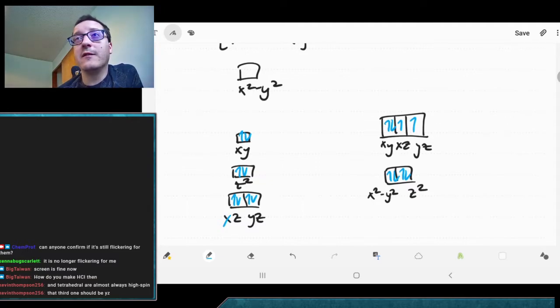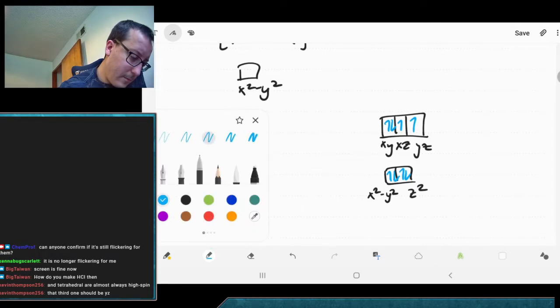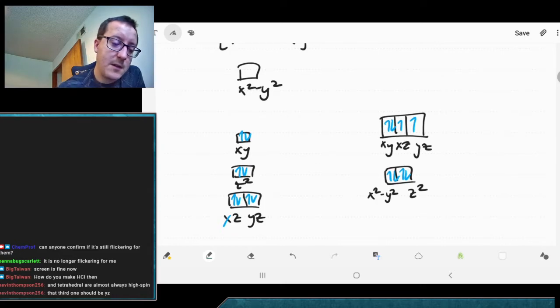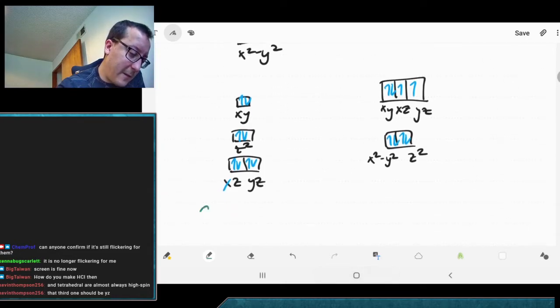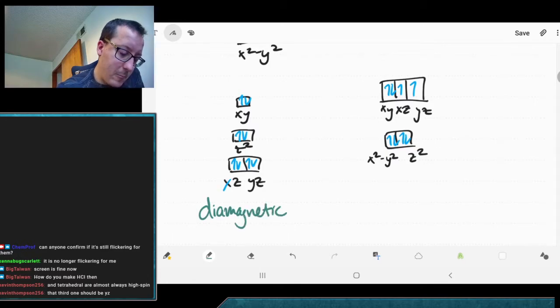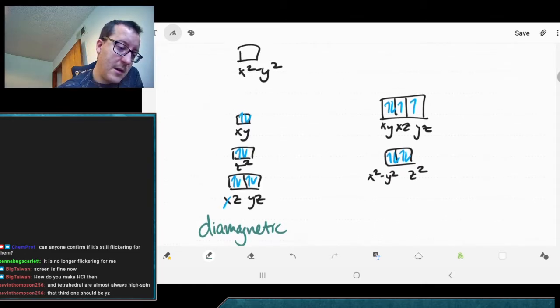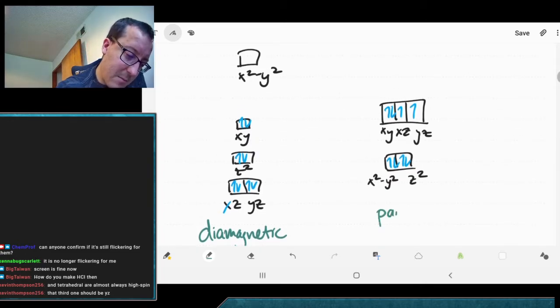We get these two configurations, right? If we look at these two configurations, we see that this one is diamagnetic, everything is paired off. And this one is paramagnetic, right?